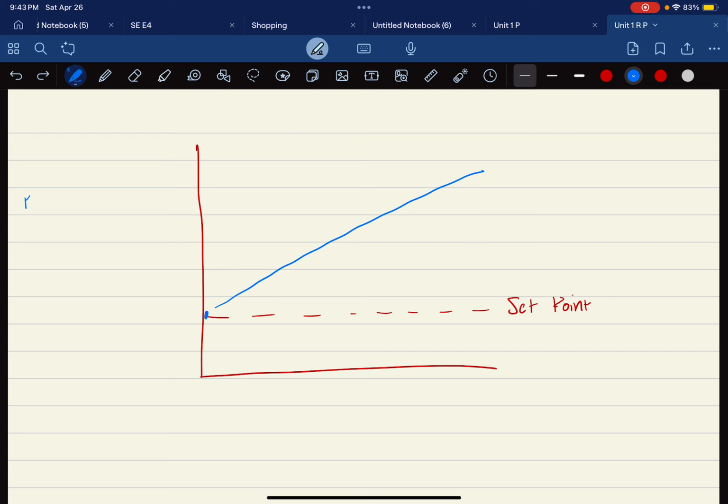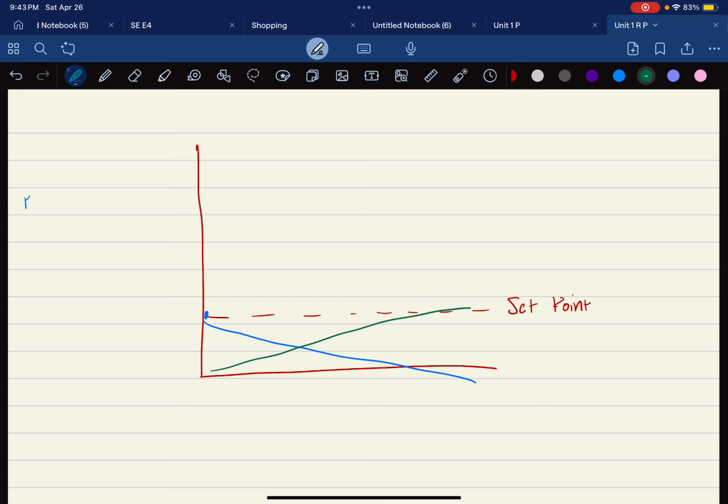So, sorry, this is wrong. So it could go away from the set point or it can go to the set point. So let's do two different colors. So we want this one. This is negative feedback. And this is positive.